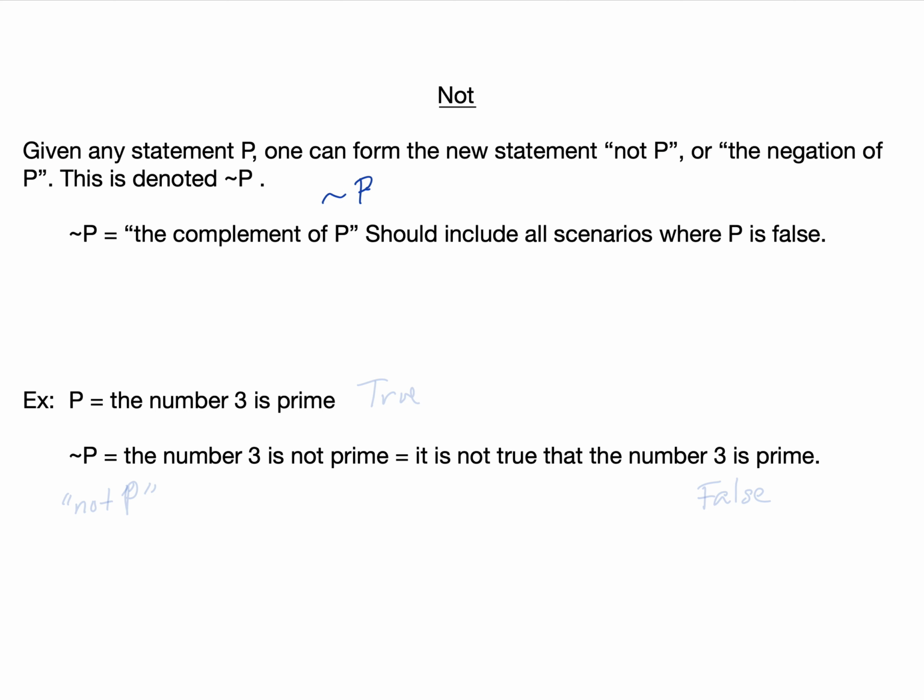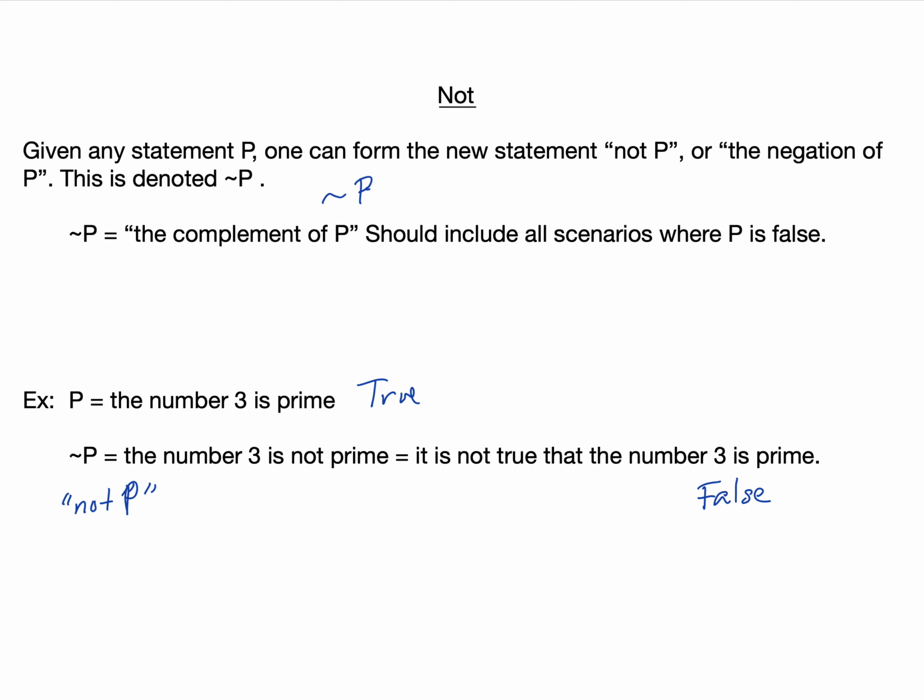For example, if P is that the number 3 is prime, well, that is a true statement. We know that the number 3 is in fact prime. Then not P would be that the number 3 is not prime, or it is not true that the number 3 is prime, and in that case that would be a false statement.